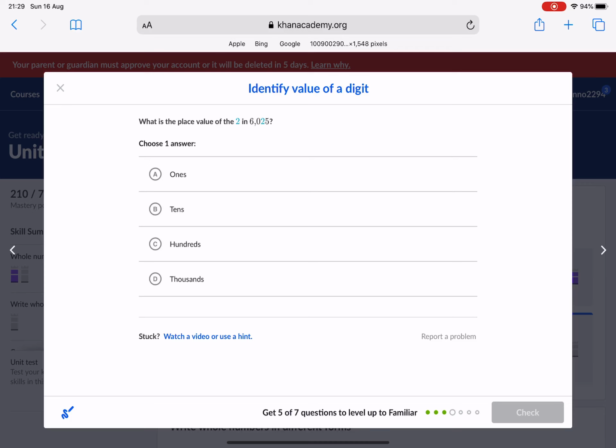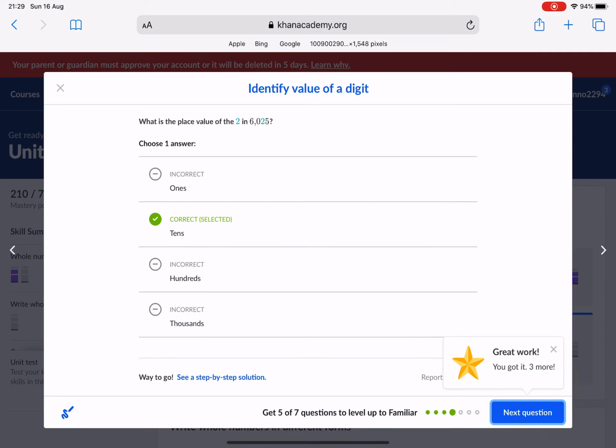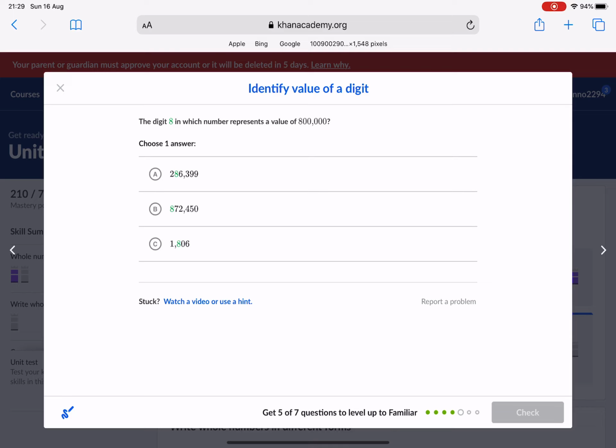Now this is kind of easy because it's like primary 2, and I am better than primary 2. So the 2 is also in the second place, so we're going to go with tens. The 8 digit that represents the... oh, this is no longer primary 2 or grade 2 anymore, since that's 100,000, which means grade 5 at minimum.